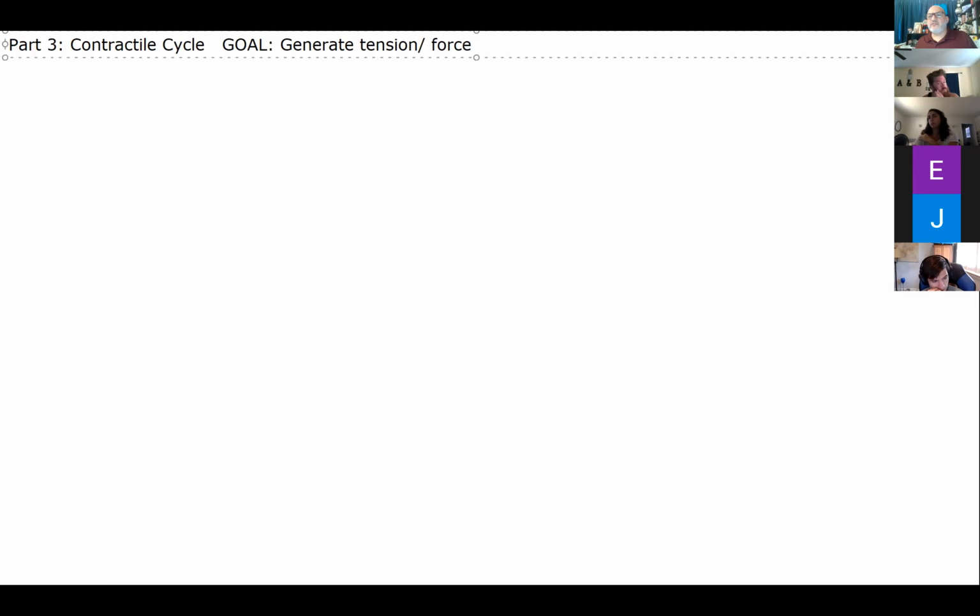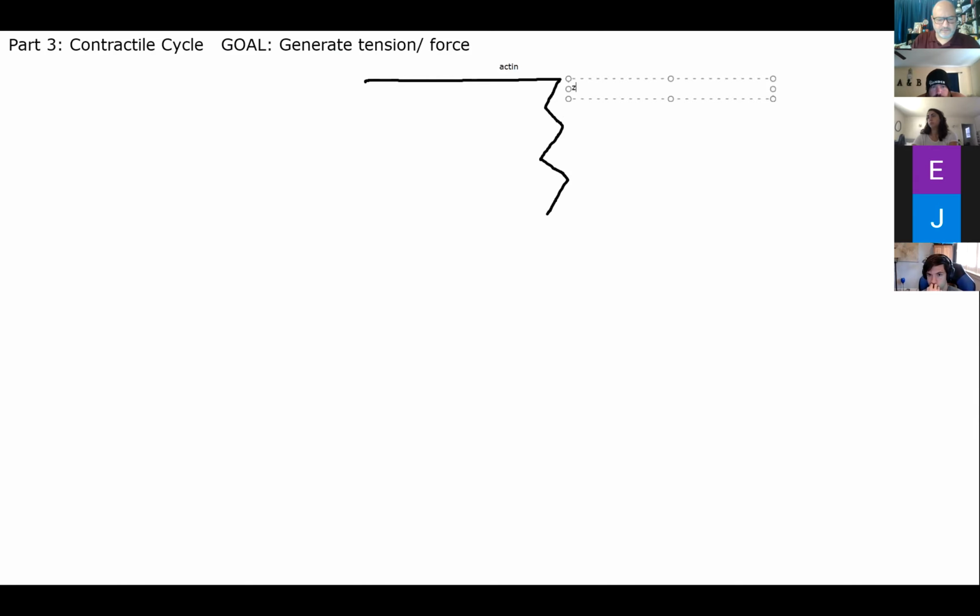All right, let's do some anatomy. We know we have our actin connected to the Z disc. We know we have our myosin, which we'll put here, portion of it anyway. And here we have the myosin head.